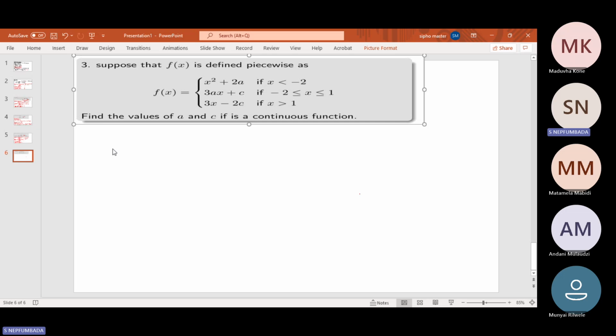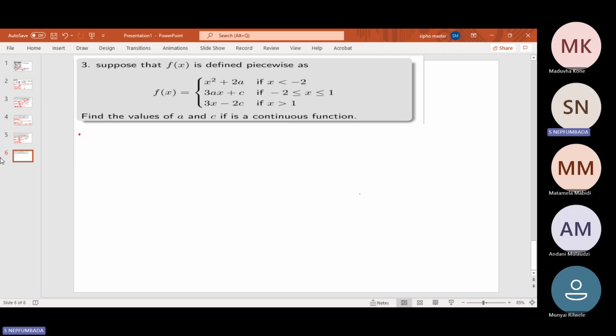So now, suppose that f at x is defined piecewise as given. Now we know what to do. Is that so? We're going to find the limit.